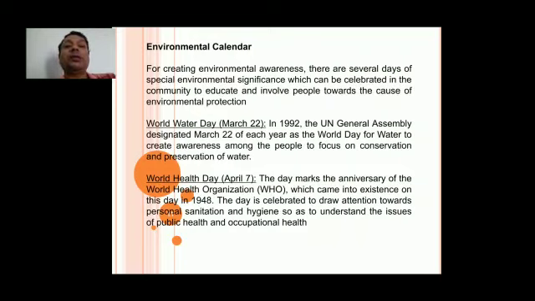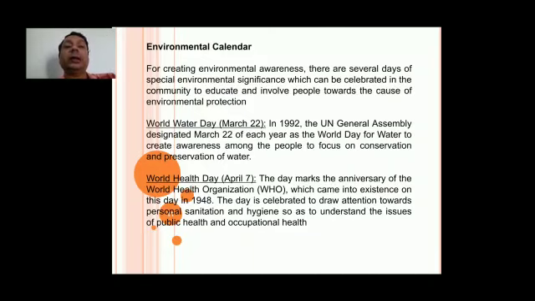World Water Day. In 1992, the UN General Assembly designated March 22 of each year as World Day for Water, to create awareness among the people to focus on conservation and preservation of water.